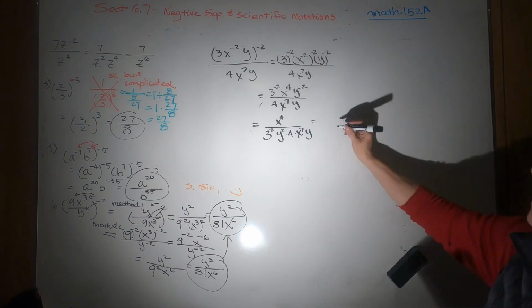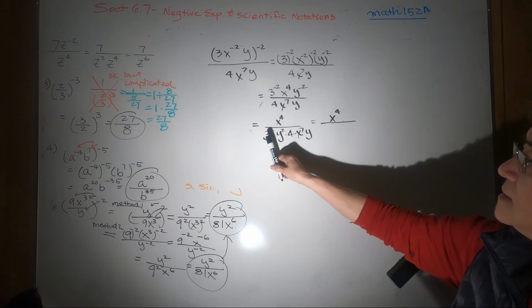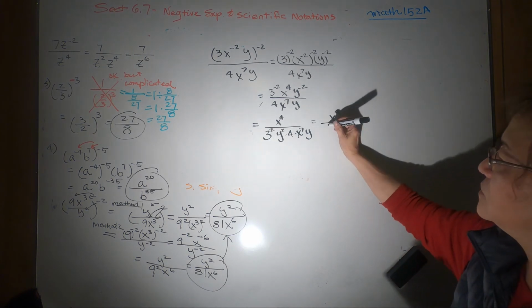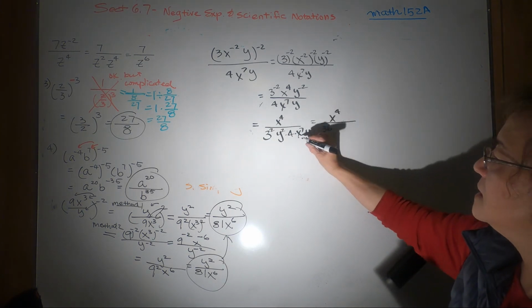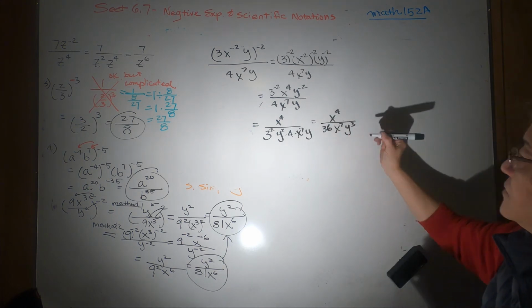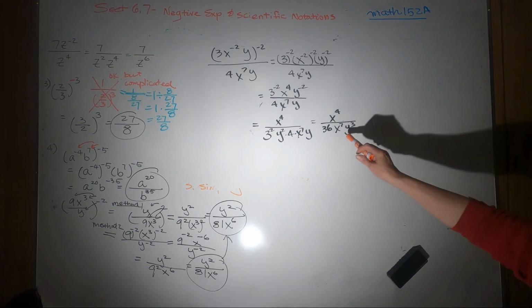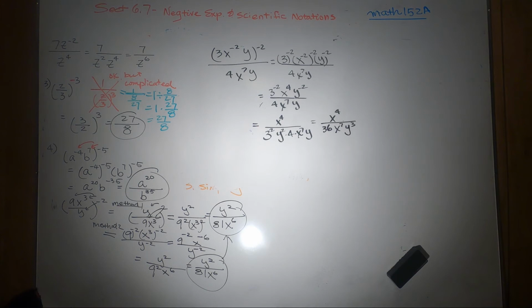So what do we have? x to the 4th power, 3 squared is 9, 9 times 4 is 36, right? Then x^7, y to the how many? y cubed, right? Do we leave the answer there? Why or why not? You still have x in two places.